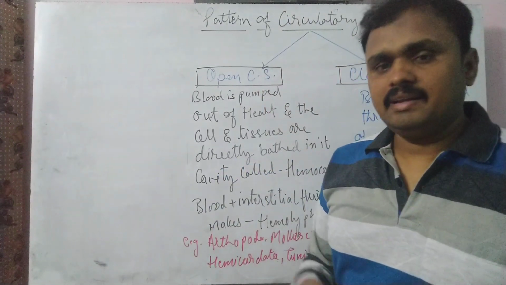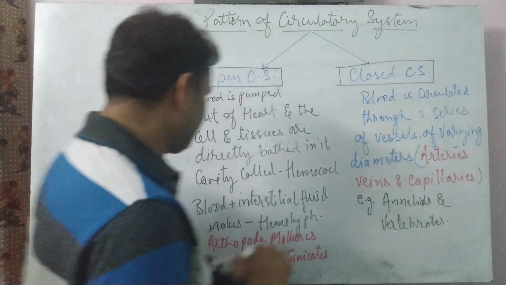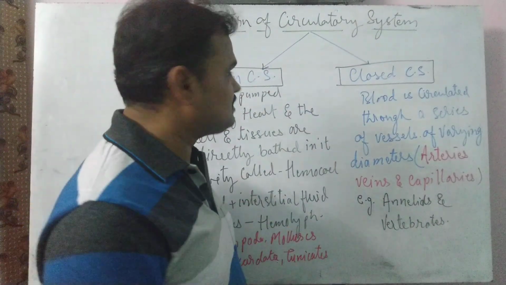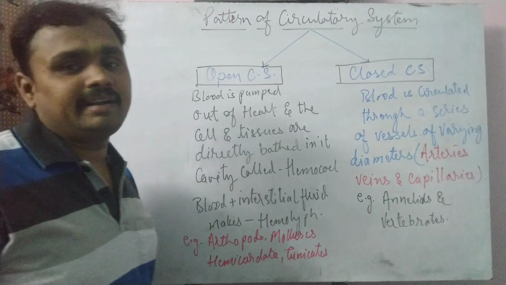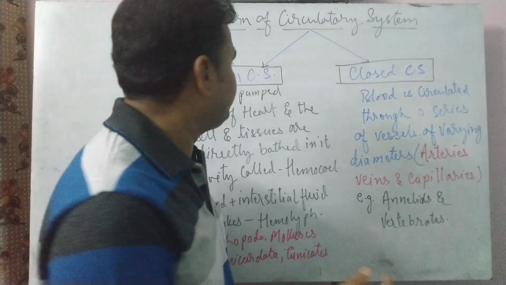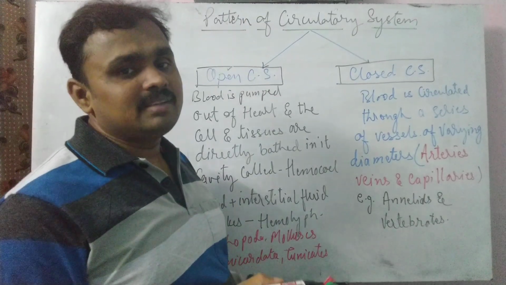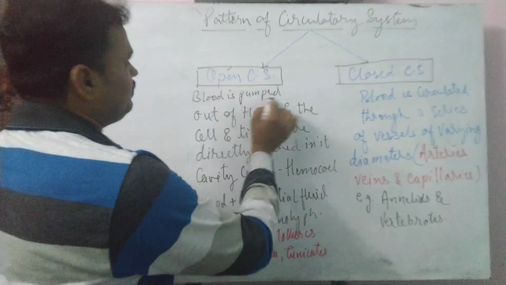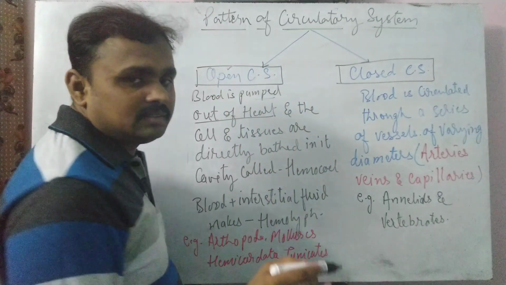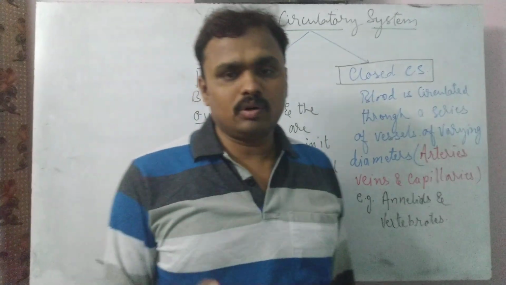In the lower animals, like arthropods, mollusks, hemichordates and tunicates, that is urochordates, we have the open type of circulatory system. Here blood is pumped out from the heart. The work of the heart is pumping the blood.